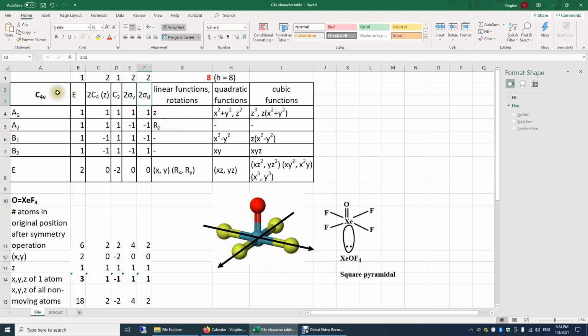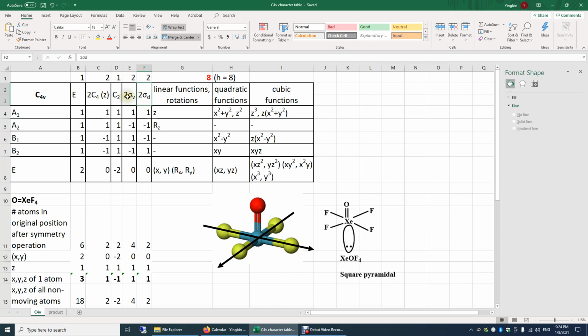Now let's look at the C4v character table. There are 5 symmetry classes. In these 3 symmetry classes, each has 2 unique symmetry operations. So for example, here you can rotate the molecule about the principal axis 90 degrees or 270 degrees.